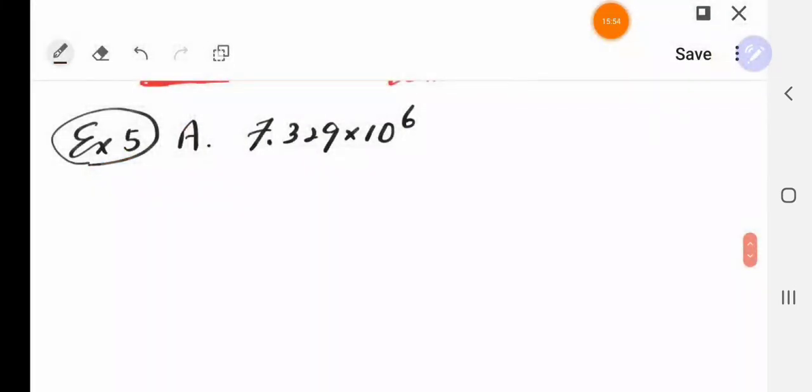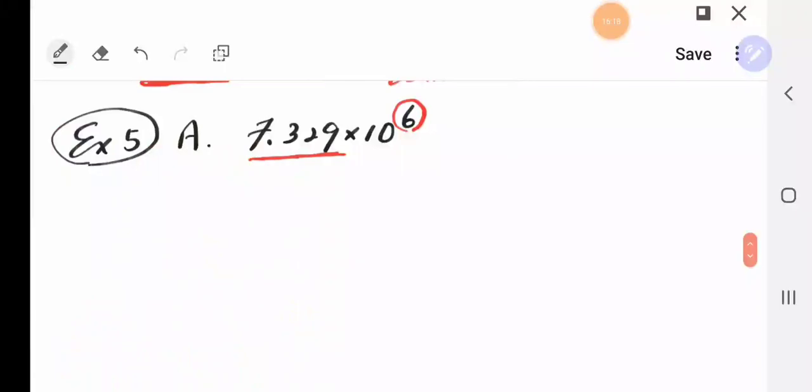Exercise 5 is to write the number in decimal notation. So this is scientific notation: 7.329 is multiplied by 10 to the 6th power. The exponent is positive, so we are making this number very large.